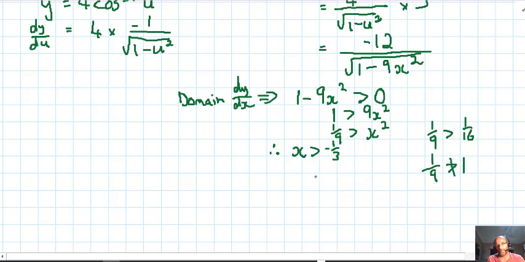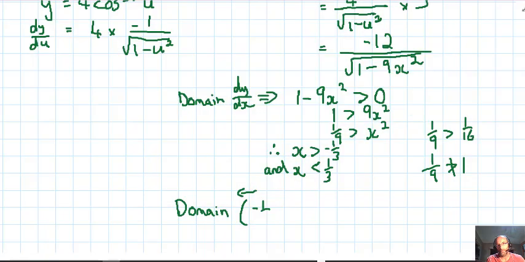Okay, the other condition is that x must be less than positive a third. So that means the domain, more specifically, is exclusive.